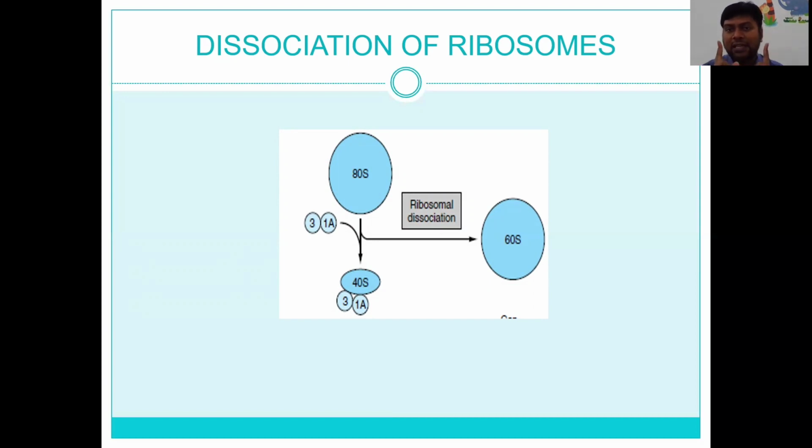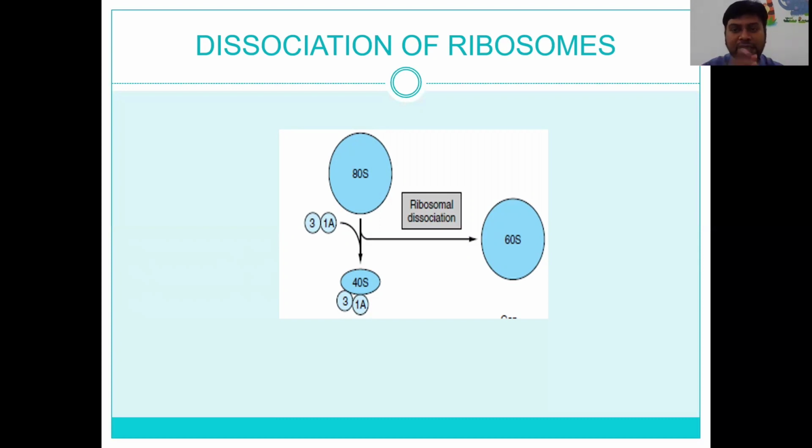So factors 1 and 3 do not help in dissociation, but they prevent the reassociation and keep the 40S and 60S separated. That's it about the first step.